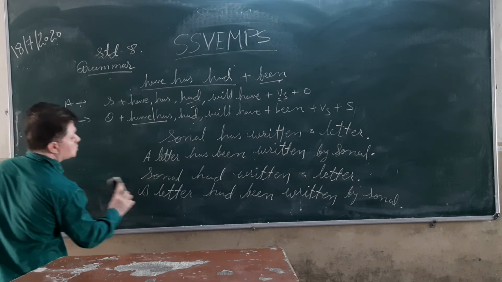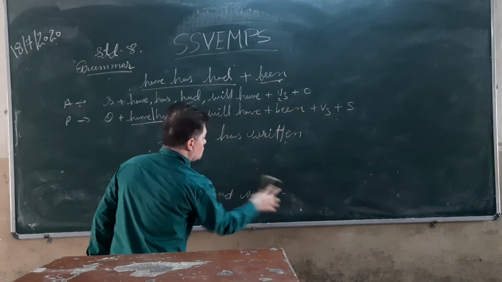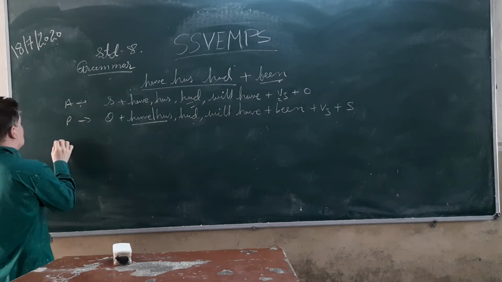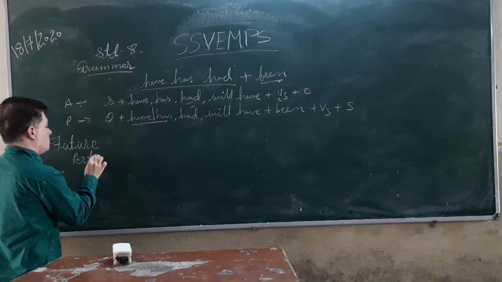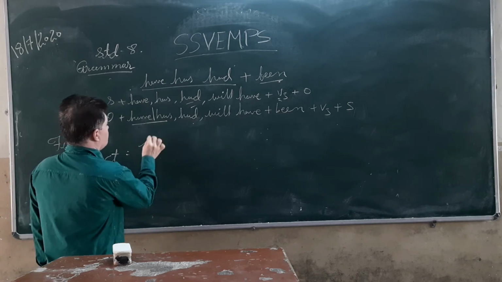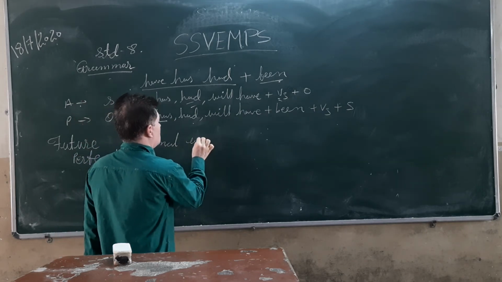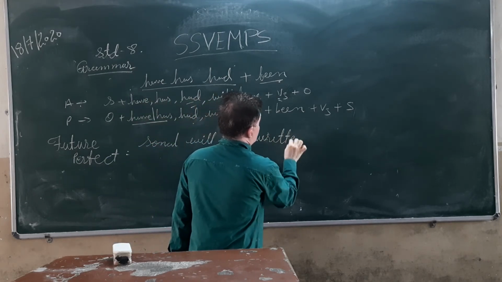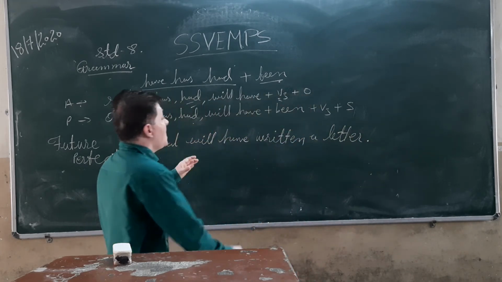Now dear friends, I will show you the future perfect tense. In future perfect tense, dear students, you will have to use subject plus will plus have plus written. Sonal will have written a letter.